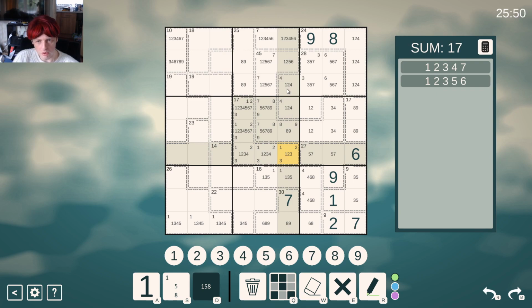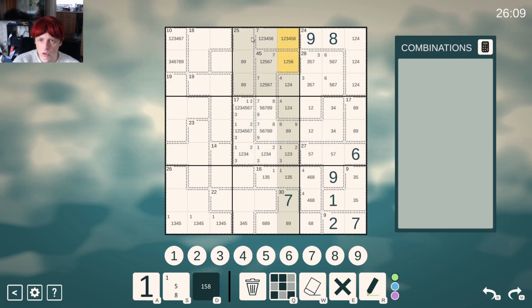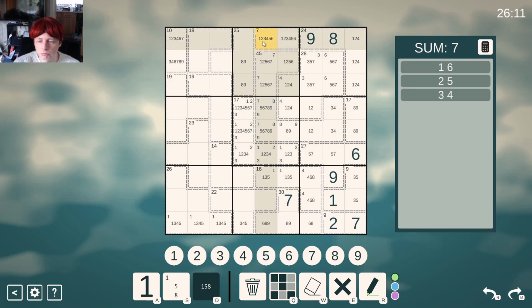So close to having a quadruple or a quintuple if we take 5 into account. Six must be there or there, so it can't be there.